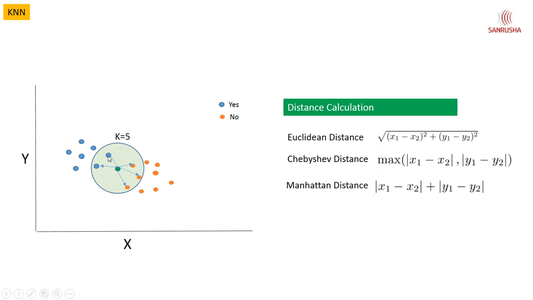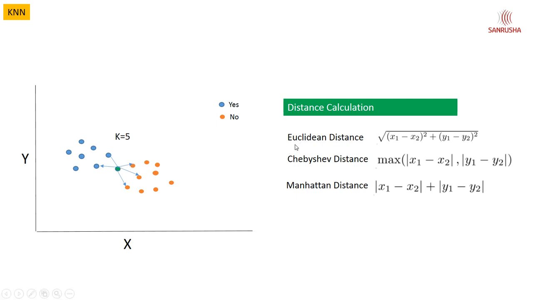Or should I consider these 5 points? Which 5 points to consider? And that's where the logic of calculating the distance between this point, the predicted point, and the neighboring point comes in picture. There are 3 distinct logic available to consider this distance.